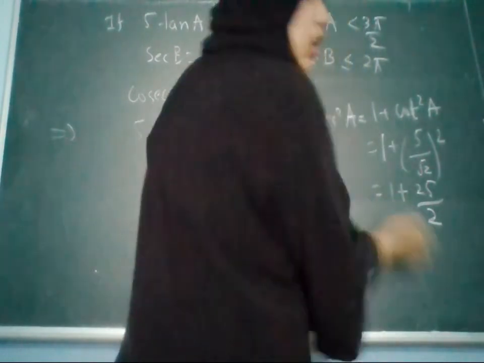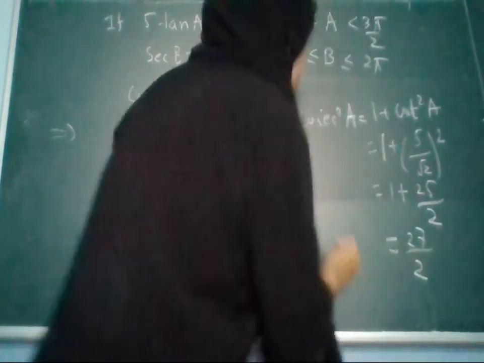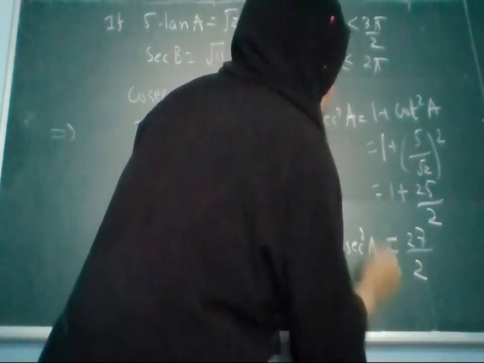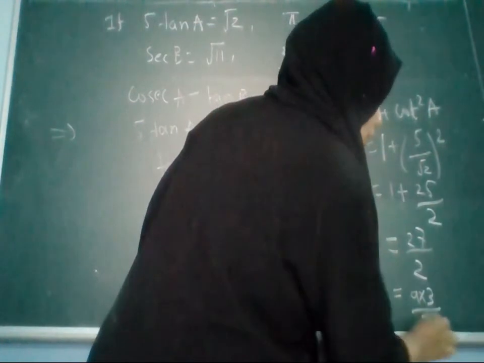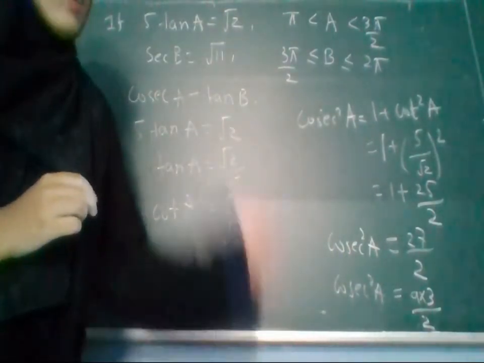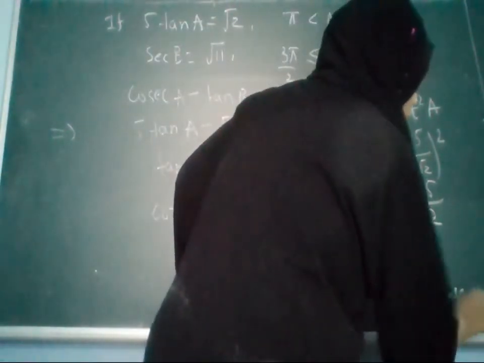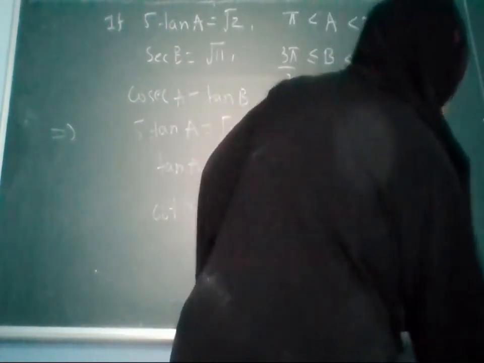That means take the cross multiplication: 2 plus 25, 27 upon 2. So cosec square a is equal to 27 upon 2. Therefore, 27 can be written as 9 into 3 divided by 2. If you take the square root, you will get cosec a as, under root 9 means 3, 3 under root 3 by 2.